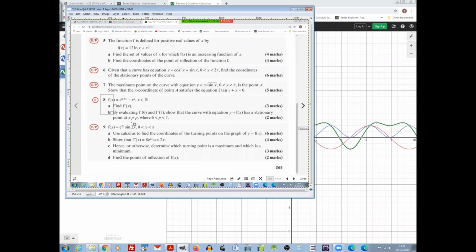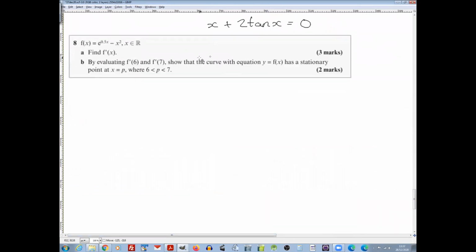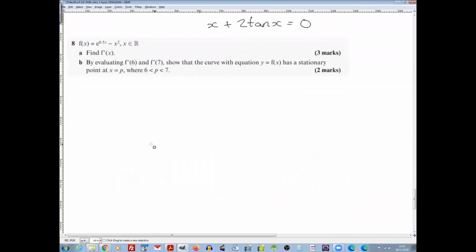And this one here, number 8. Okay, so if f of x is that function, find f dashed of x. Okay. f of x equals e to the 0.5x... How shall we pass it?